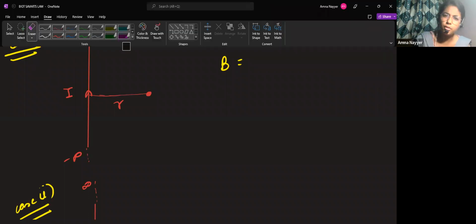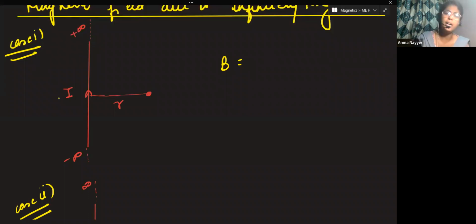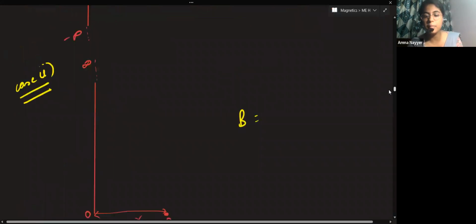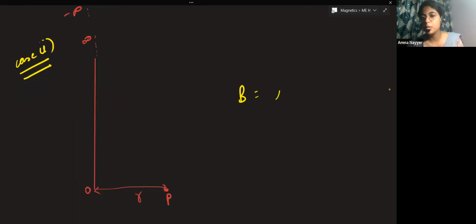Just remember the formulas, because especially for the finite one, this question comes. For the finite perspective, you have to remember. So this is basically mu naught I divided by 4 pi r. Now, the magnetic field for semi-infinite becomes mu naught I divided by 2 pi r.